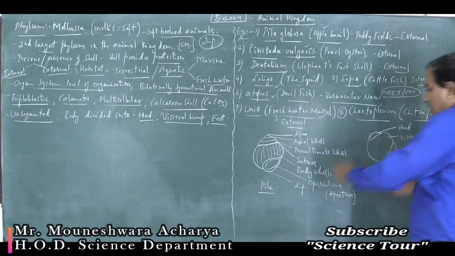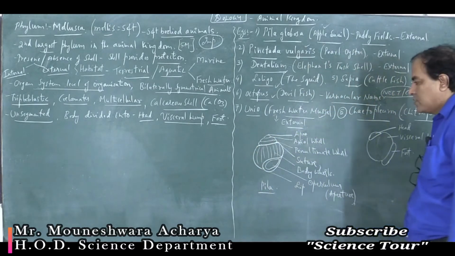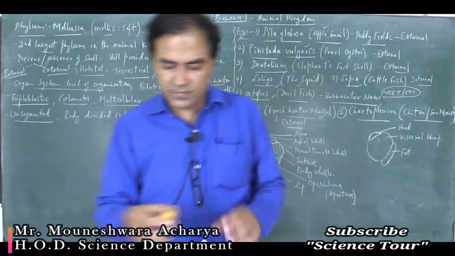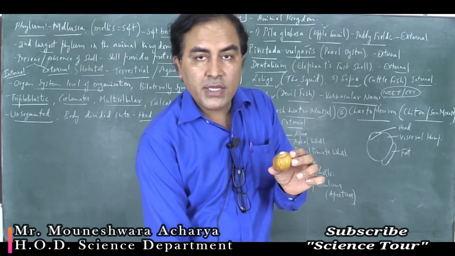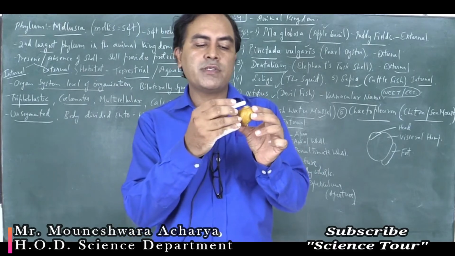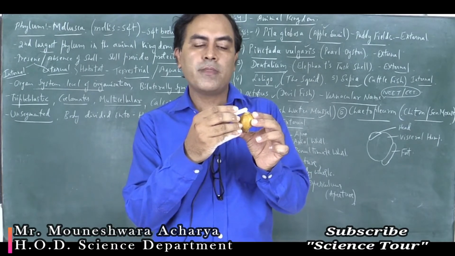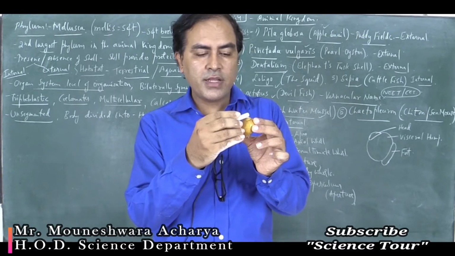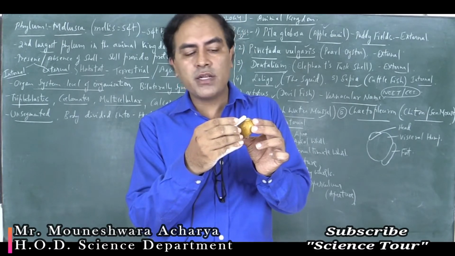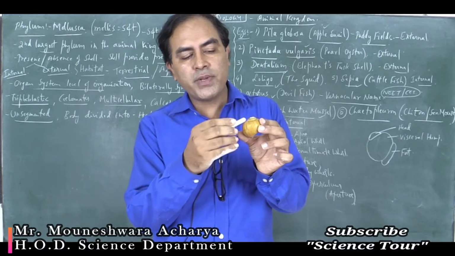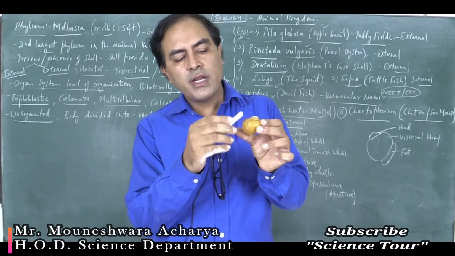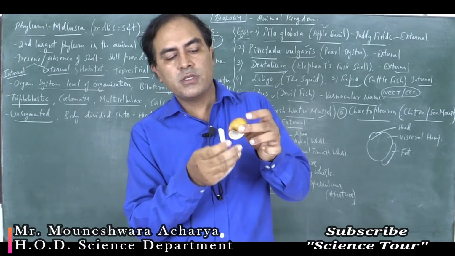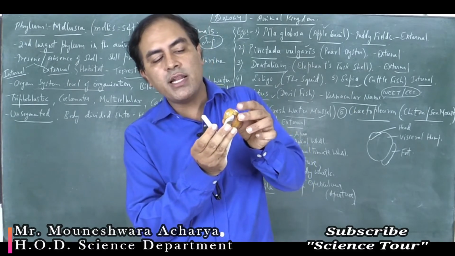So this animal lives inside the shell, and let me show you the shell. You can see here, this is the apex, that is the tip region. The first whorl is known as axial whorl. The next one is the penultimate whorl, and you can see the groove or depression, this is the suture, and also you can see the body whorls. Okay, let me turn the shell.